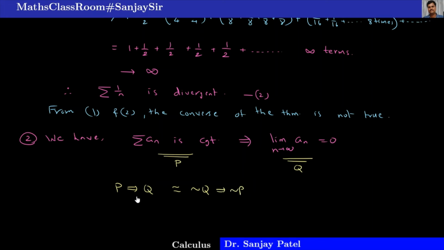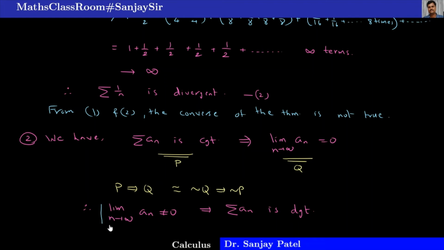So if not Q, that is, this limit as n tends to infinity of an is not 0, then not P, that is, sigma an is convergent is not true, means sigma an is divergent. So this is a very, very useful and important thing about this theorem.